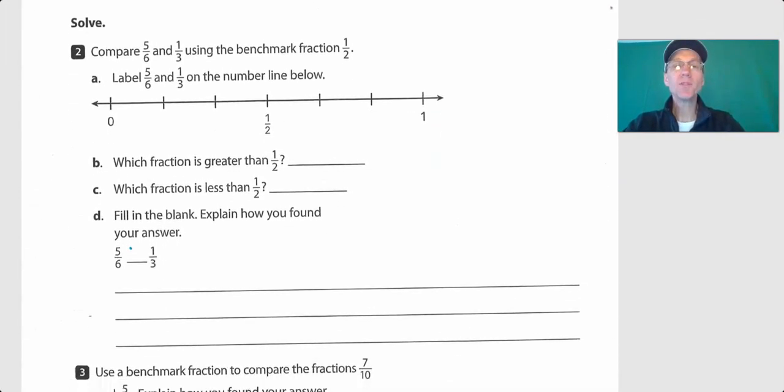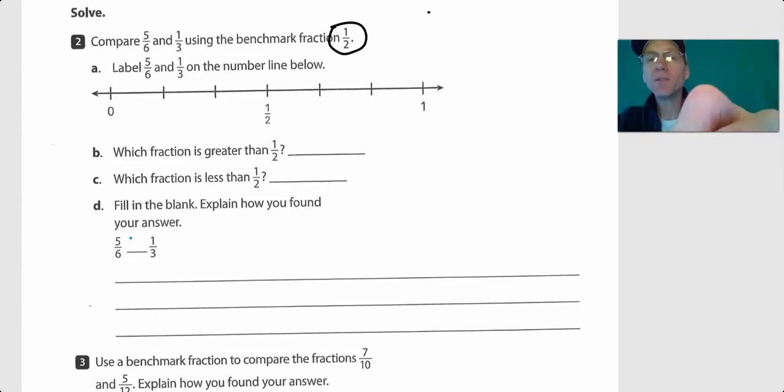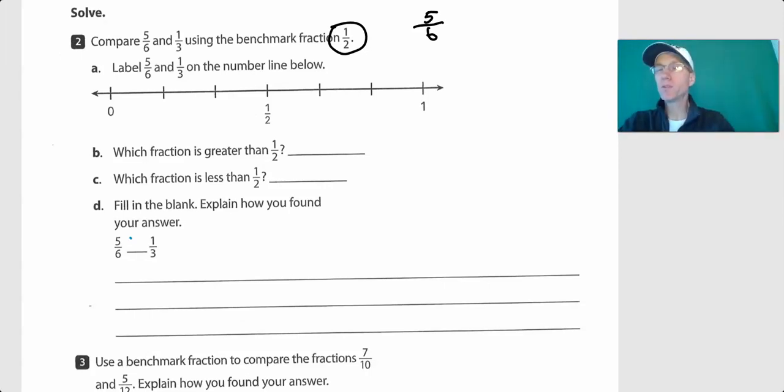All right, let's do the same thing here. We're going to compare 5/6 and 1/3 using the benchmark 1/2. Okay, 5/6 and 1/3. So looking at 5/6, if you have a pizza with 6 parts, what would be 1/2?